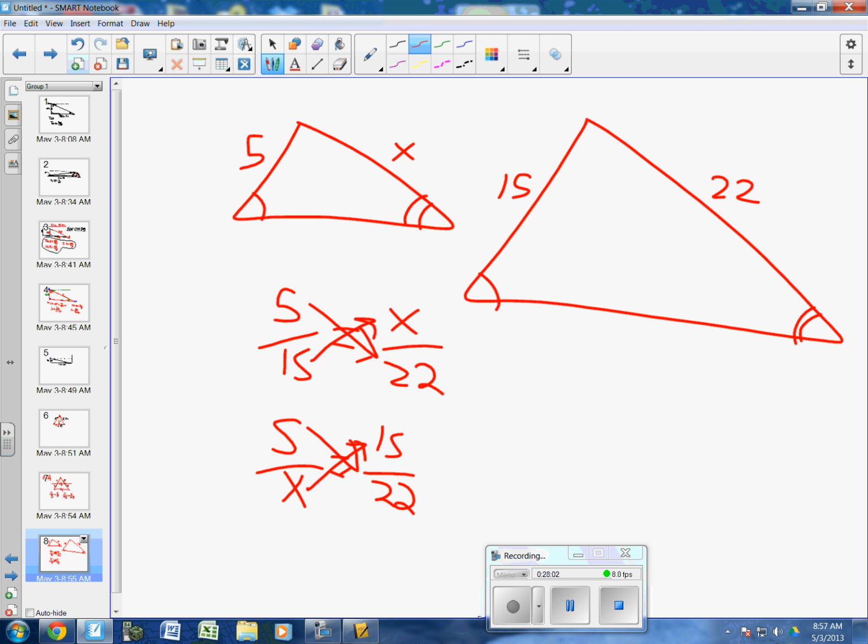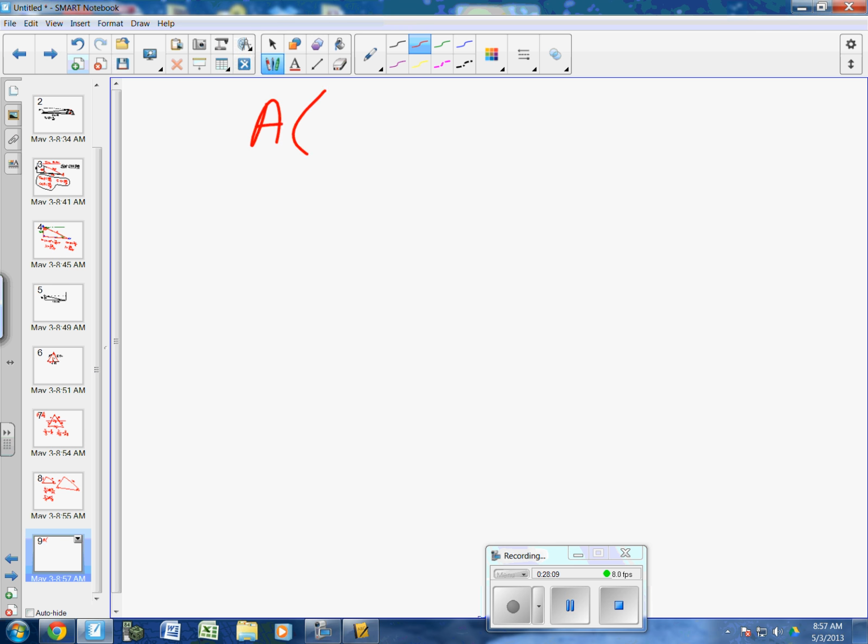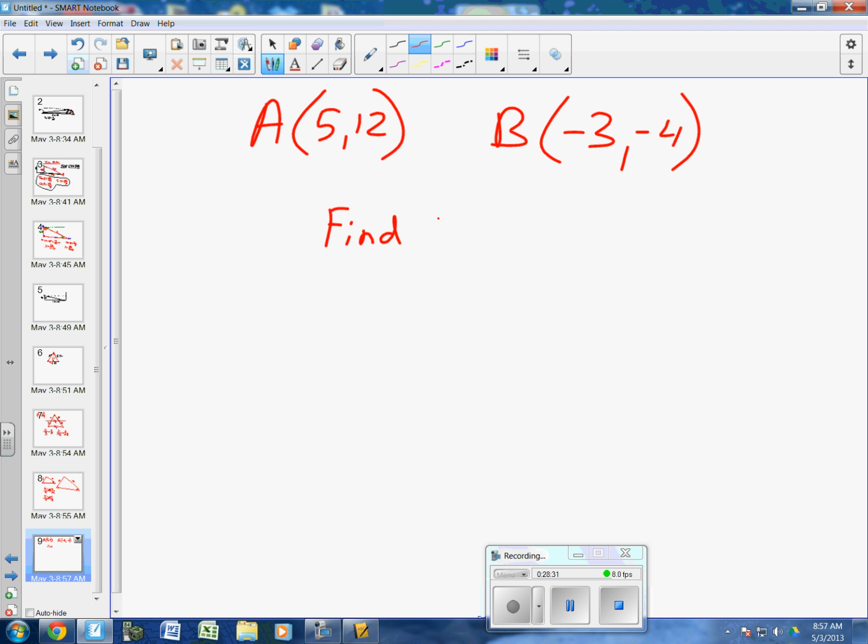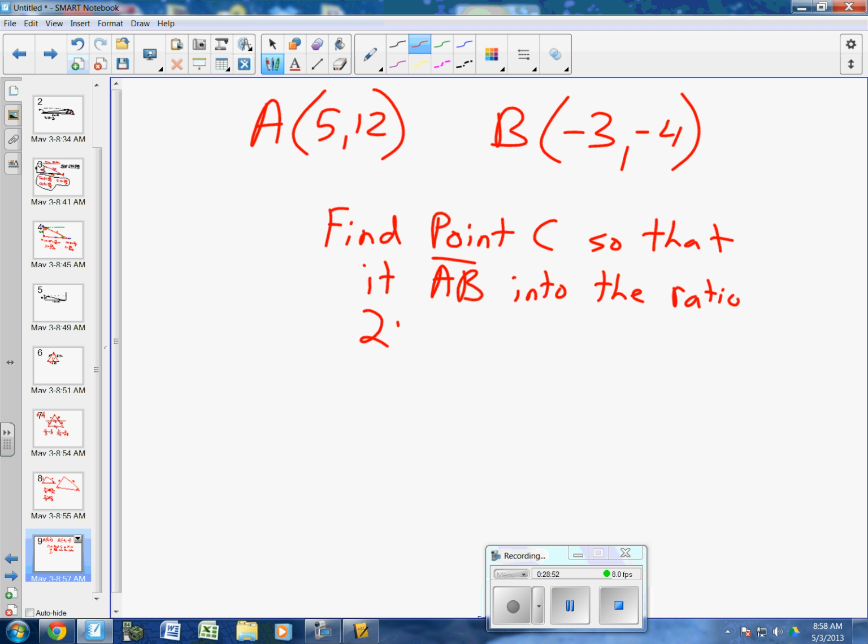learned about dividing segments. Okay, if I gave you two points on a line, A at (5, 12) and B at (-3, -4), and I said, find point C so that it divides AB into the ratio 2 to 3.